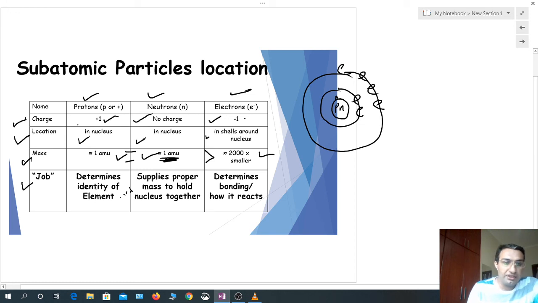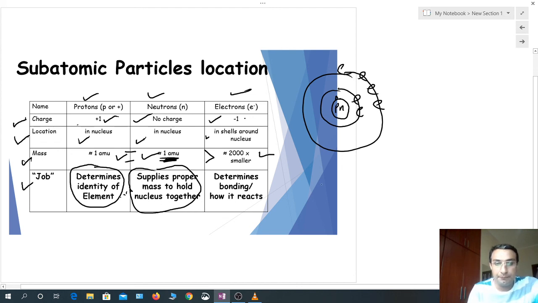And their functions: as we studied, protons determine or identify elements. That is very important. As I told you, the proton number of an element is unique, that's why it identifies that element. For the job of neutrons, they supply proper mass to the whole nucleus.